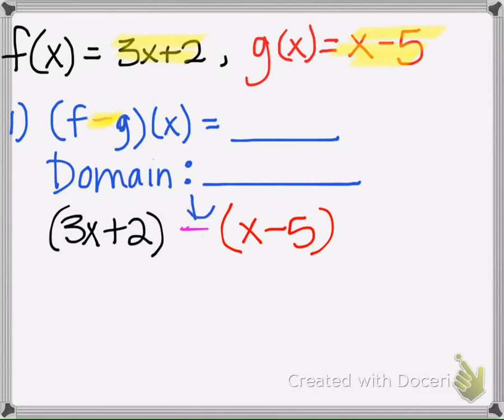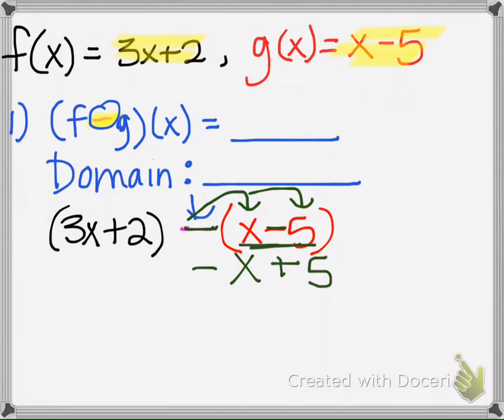This is a subtraction problem here. So instead, we are going to distribute this because it's saying to take away x and take away a negative 5. So that makes it a positive 5 there. What it's doing is taking what's inside the parentheses and making it opposite. So instead of x minus 5, it becomes negative x plus 5.